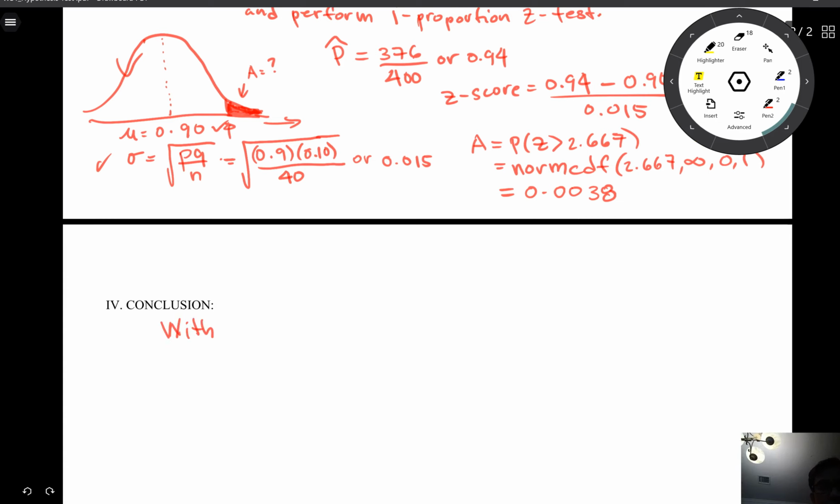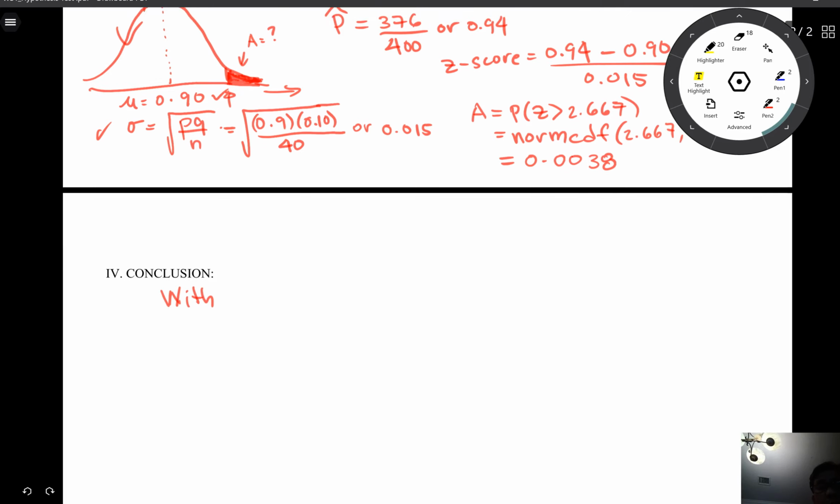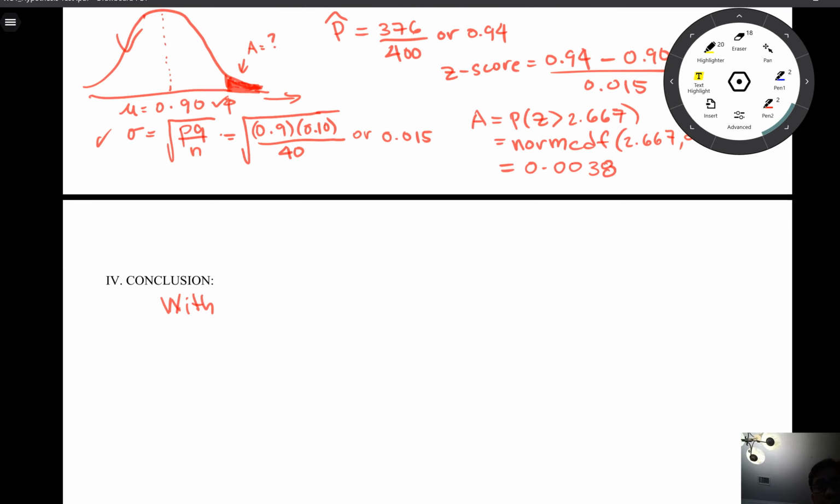Okay, and we would say right here, and you have to pay attention how I write the conclusion, because this is standard. This is how we say our conclusion, with a small p-value, probability value, equal to 0.0038.